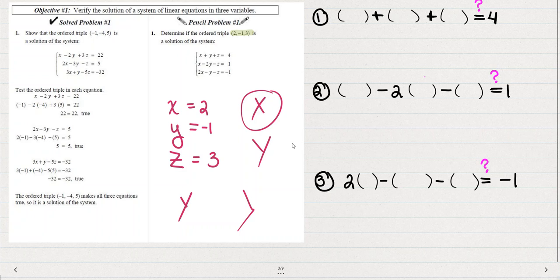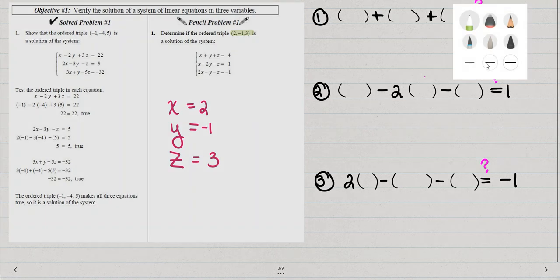Wait, is this an x or is it a y? By making that x a little bit curvy and making that y more like a cursive y, it makes it very easy to distinguish an x from a y. And by drawing a line through the z, it makes it easier to distinguish that that is a z, not a 2.